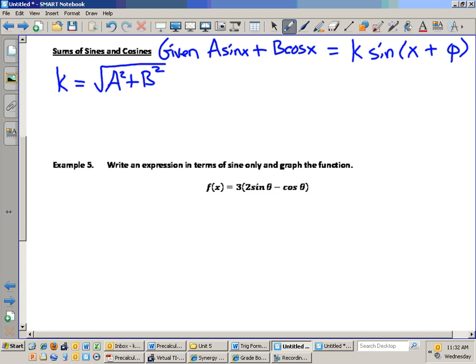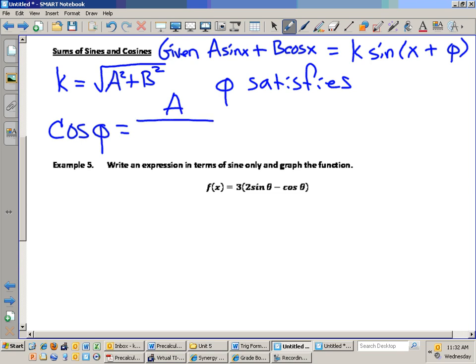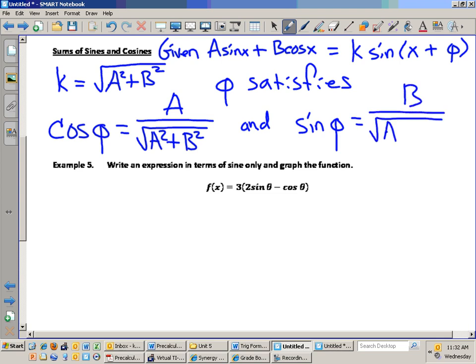And second of all, phi satisfies cosine of phi is equal to a over the square root of a squared plus b squared, and sine of phi is equal to b over the square root of a squared plus b squared.